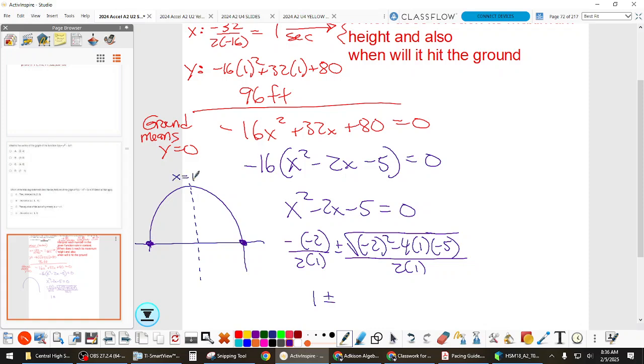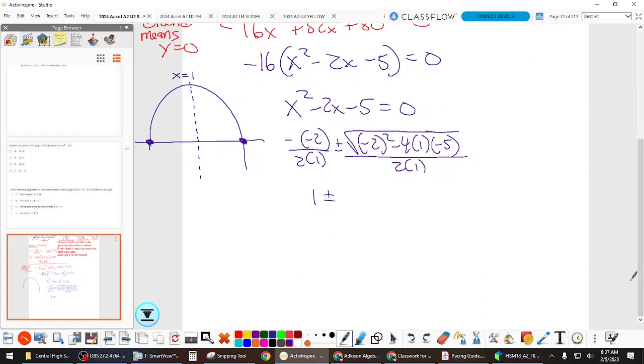So we say 1, remember this from yesterday, 1 plus some total that we're going to find with the square root part. 1 plus gives us the right x-intercept, and 1 minus gives us the left x-intercept. Remember that? That's why it's a 1. That's why it looks familiar from earlier in the problem, because we're starting from that vertex x-coordinate.